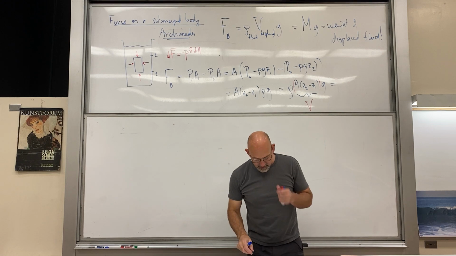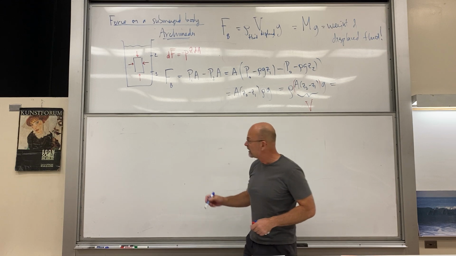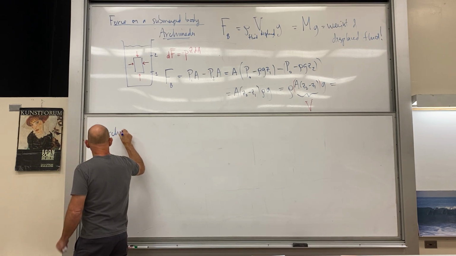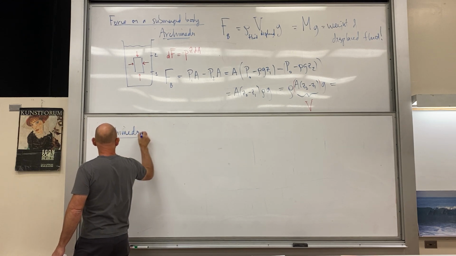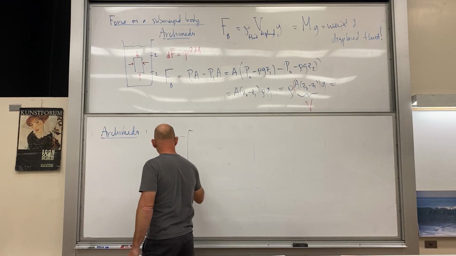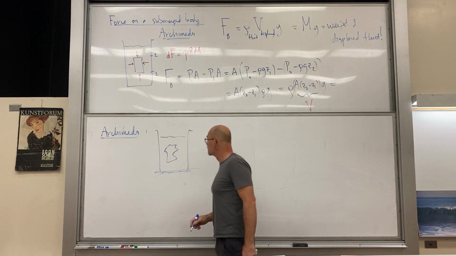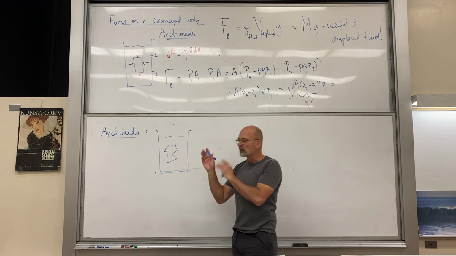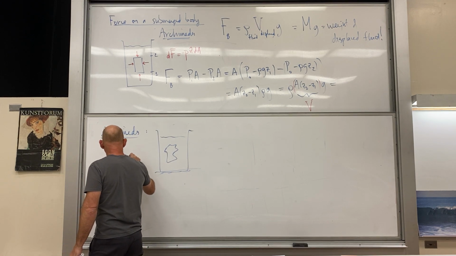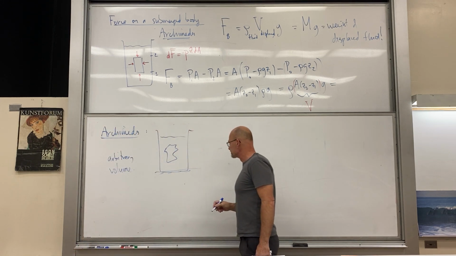Yeah, so the second one, again, Archimedes. So here we've got our beaker of water, and this time it's just some arbitrary volume. Up there I had some kind of cube, right? So arbitrary volume that is submerged right here.